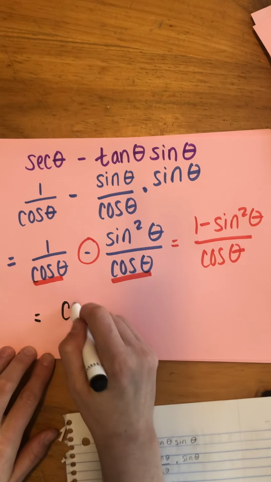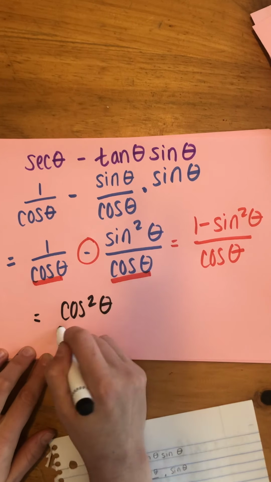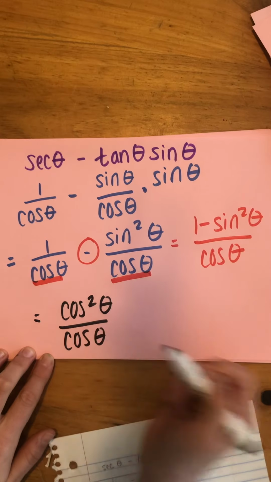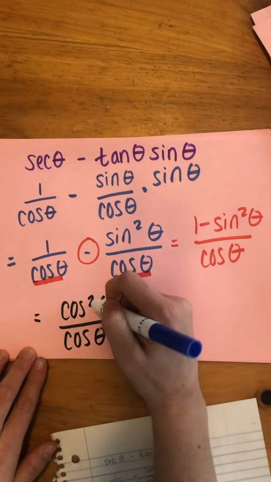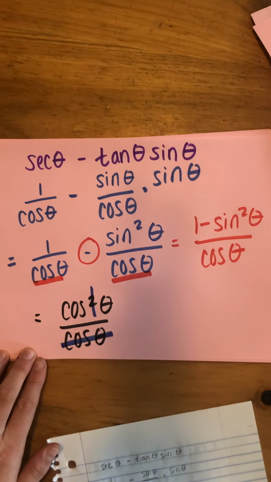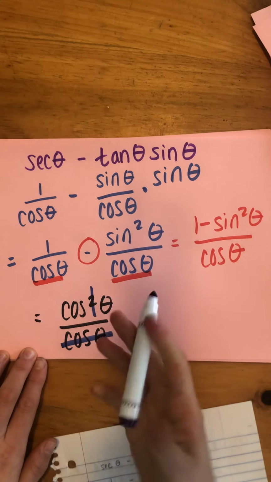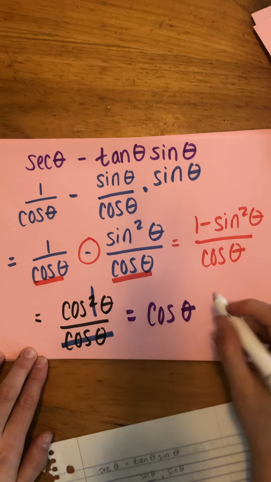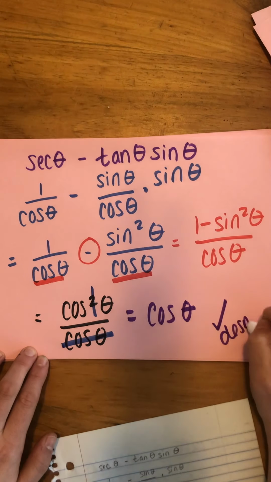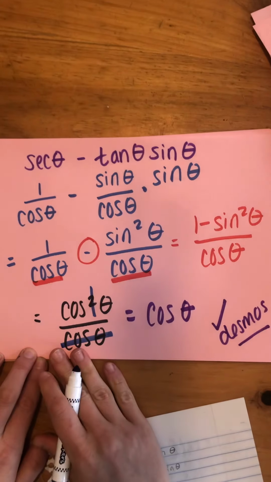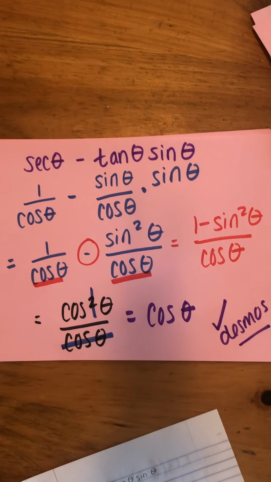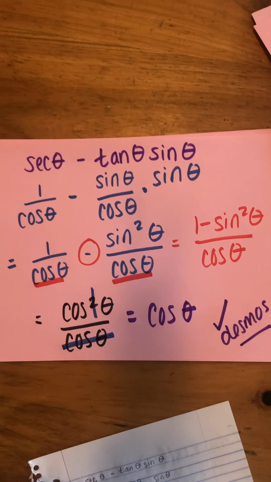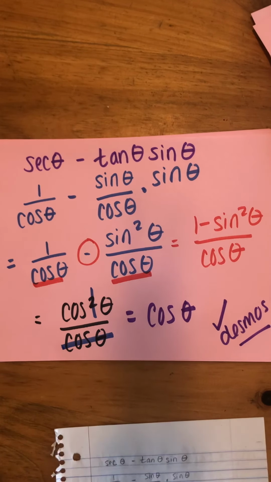So this is cosine squared theta over cosine theta. The square cancels, cosine cancels, and we're just left with cosine theta. And again, we're going to check using Desmos. All right, so using our rules, mainly the Pythagorean and the reciprocal rules, we can rewrite our trig functions.